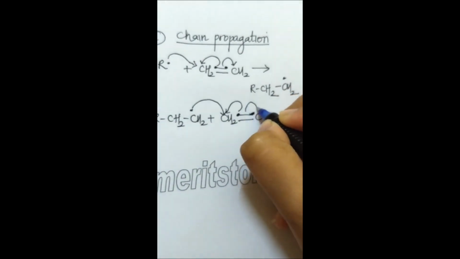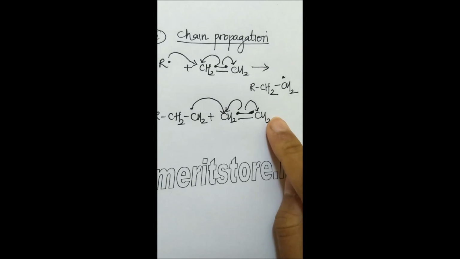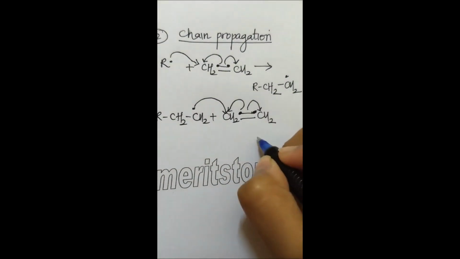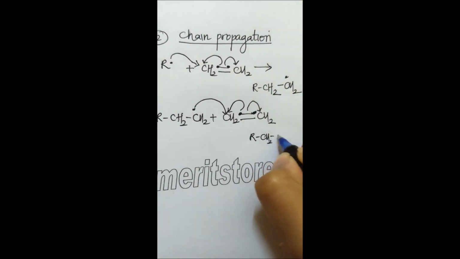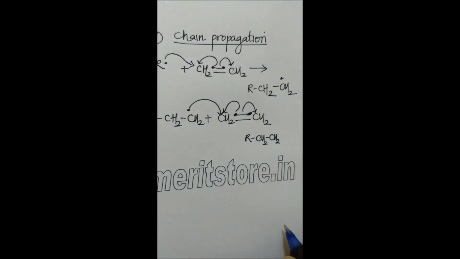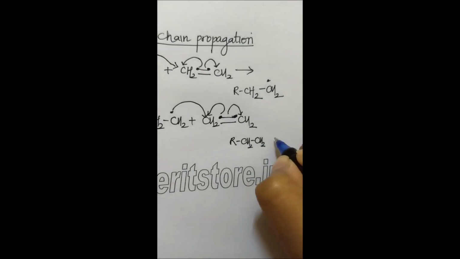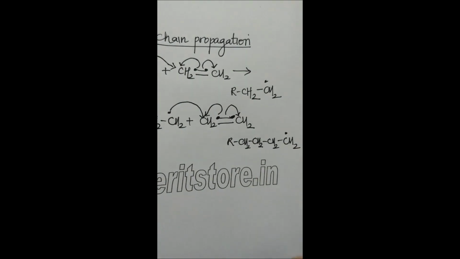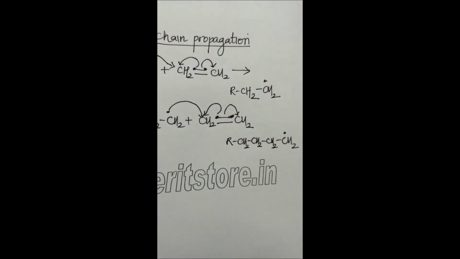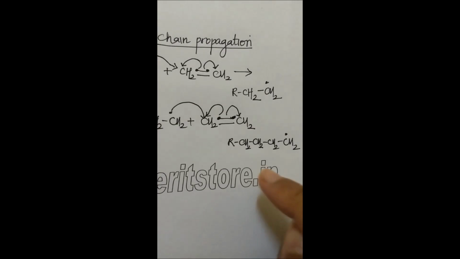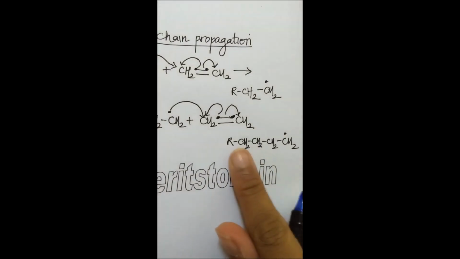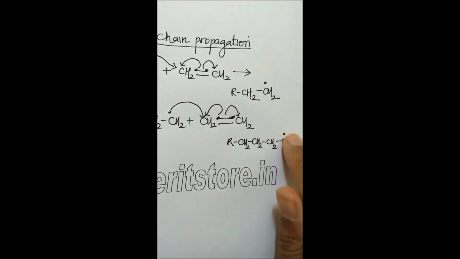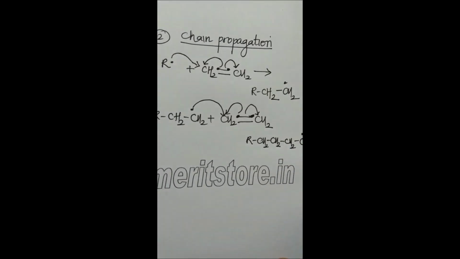As you can see how the electrons are being transferred, the product that I get is R CH2 CH2 CH2, and the last CH2 has an electron. And in this way, the chain keeps on growing with the last carbon having the radical.